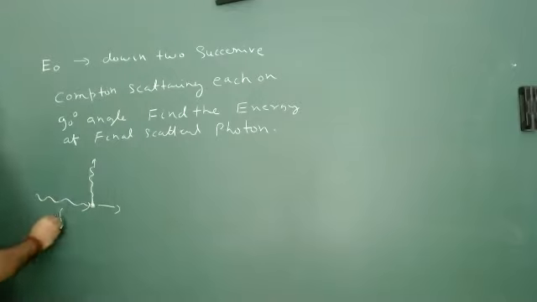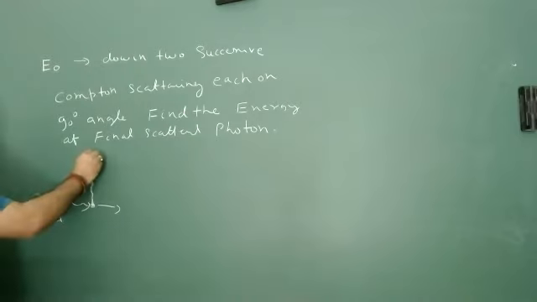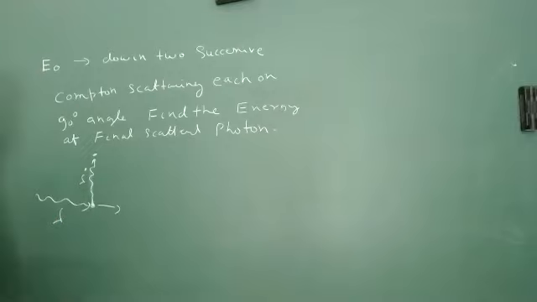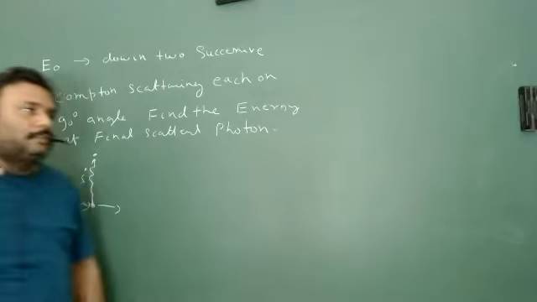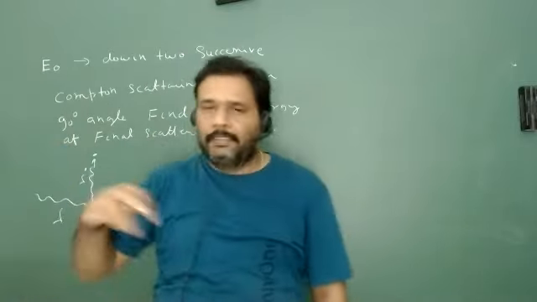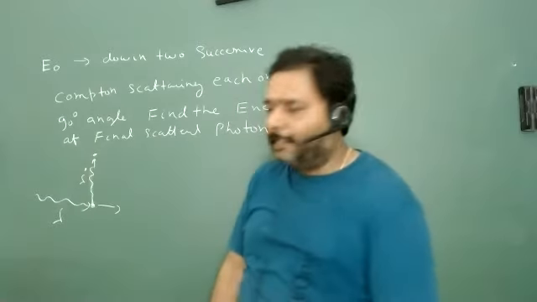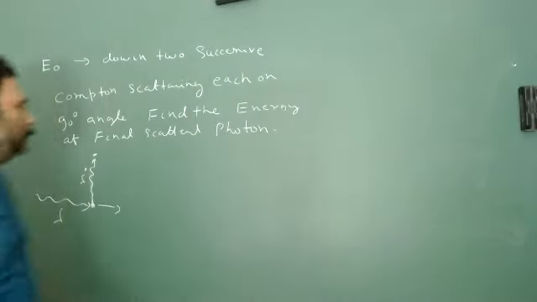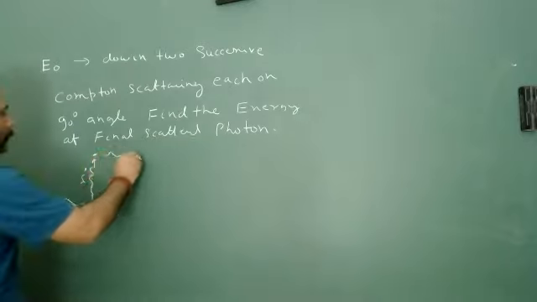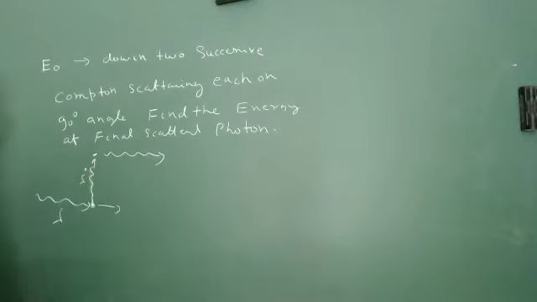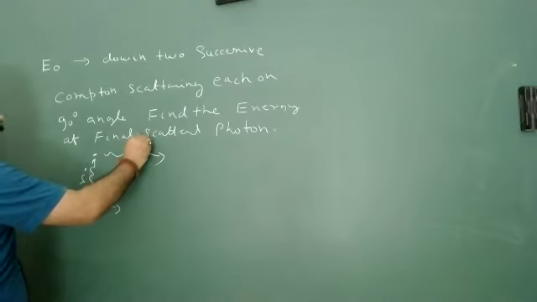So this will be lambda, this will be lambda dash, and again it is going to scatter with another electron, because this is moving in some atom, so it may be attacked by another electron. And again it will make the scattering angle 90-degree. So this will be lambda double dash.